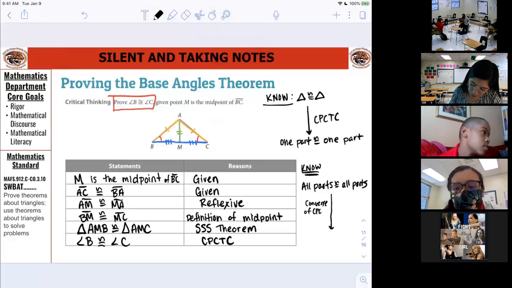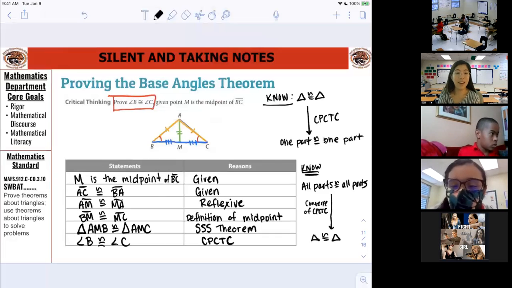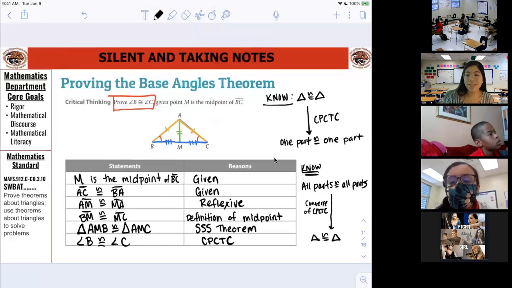But if you obviously know that all the parts are equal to each other, then miss, this is dumb. Yeah, I know. So CPCTC is one part congruent to one part, and the converse of it is when you automatically know all the parts are congruent.